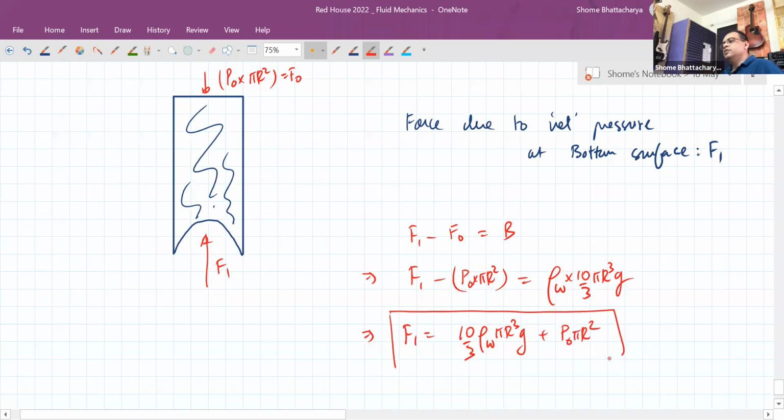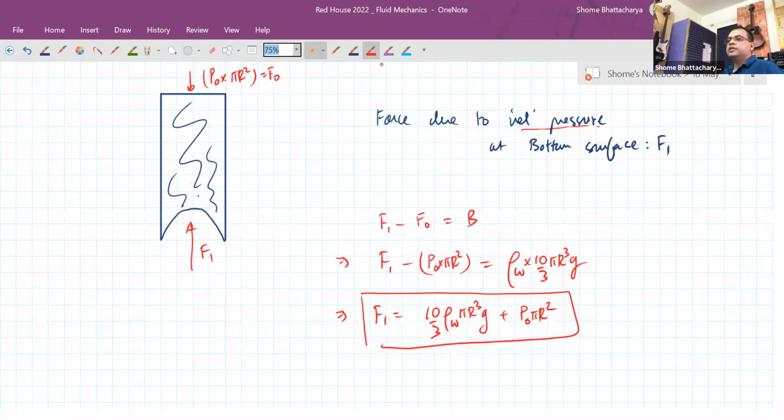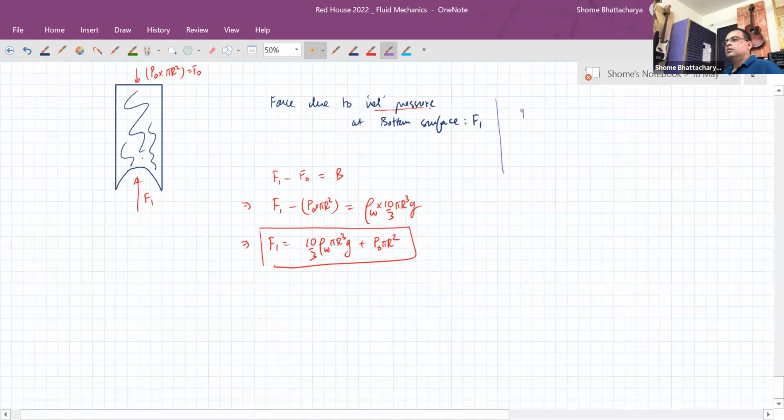But this is the force due to net pressure, whereas what I want is the force due to hydrostatic pressure. So to consider force due to hydrostatic pressure, let's consider that as F2 on the bottom surface.